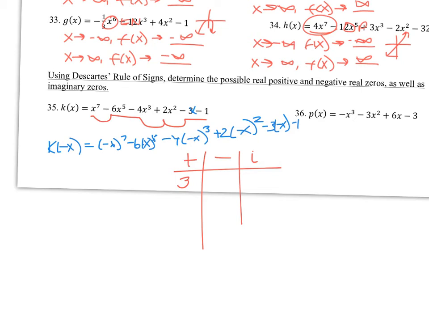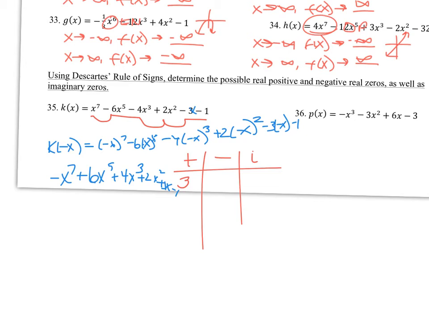So negative x to the 7th is negative x to the 7th. Negative x to the 5th is negative, so negative times a negative is positive 6x to the 5th. Negative x to the 3rd is negative, so a negative and a negative 4 make positive 4x cubed. Then I have positive 2x squared, because squared is positive. And then positive 3x, negative 1.